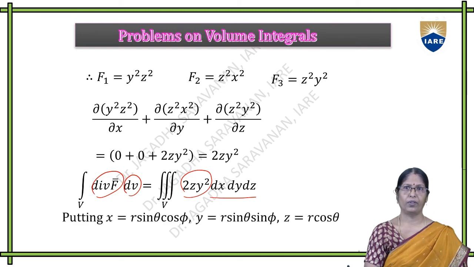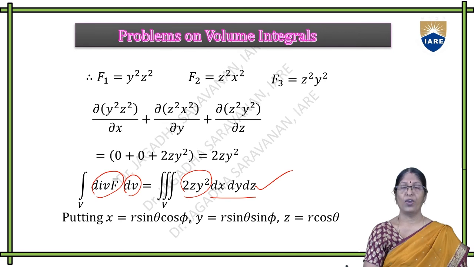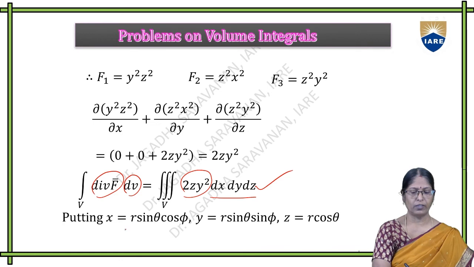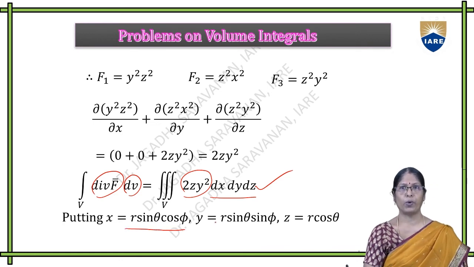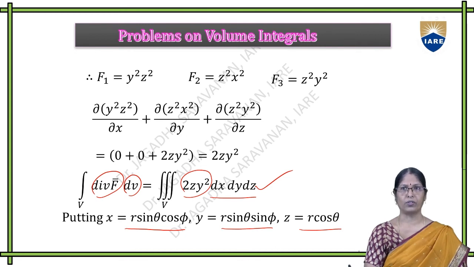Now, to do this integration, since we have selected mostly a circle, and this is also a sphere, we will go for the polar form. So x is replaced by r sin theta cos phi, y is replaced by r sin theta sin phi, and z is replaced by r cos theta.